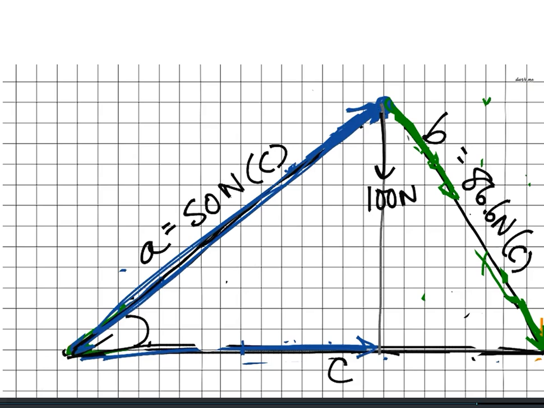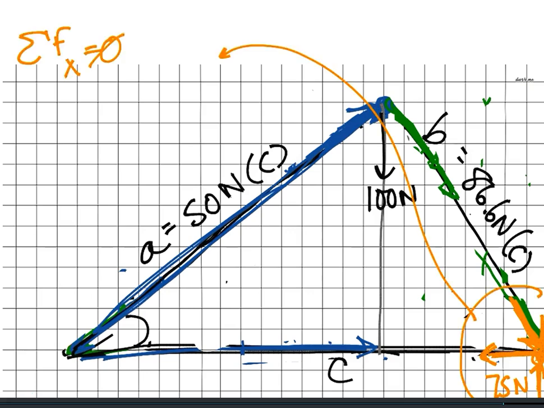Now let's look at C. I'm going to redraw our 100 newtons. We could figure out C from either of the other two pieces of information we already have. We could have actually done C earlier when we were doing joint AC, but we didn't. So now, let's draw the forces at just this joint down here.